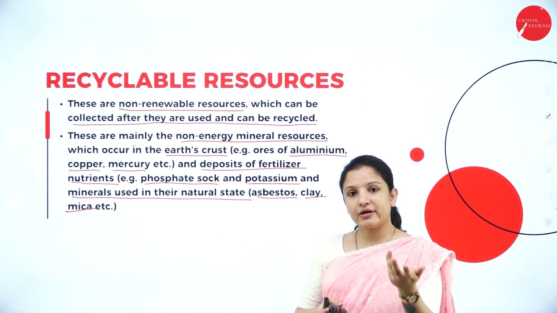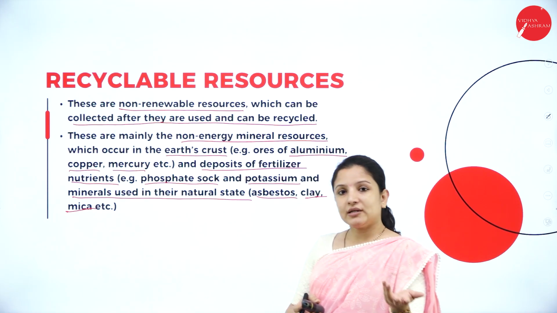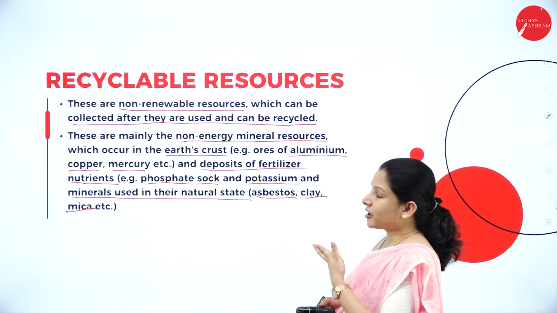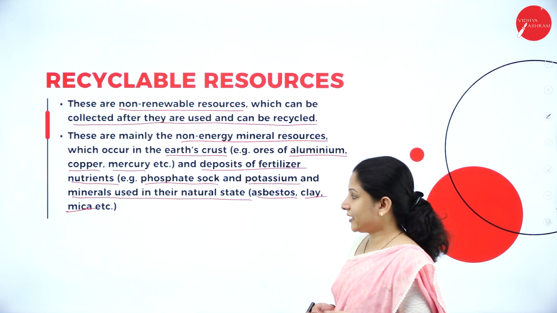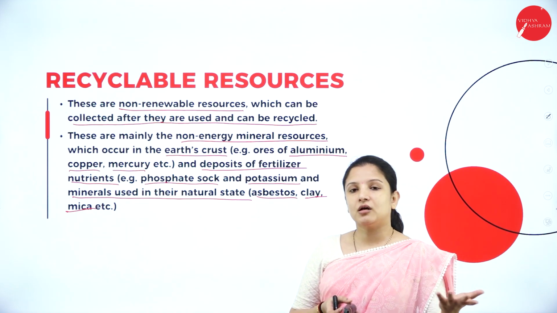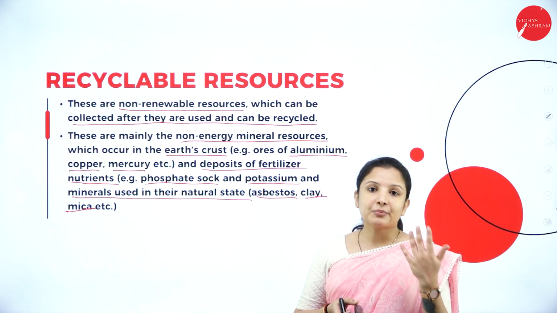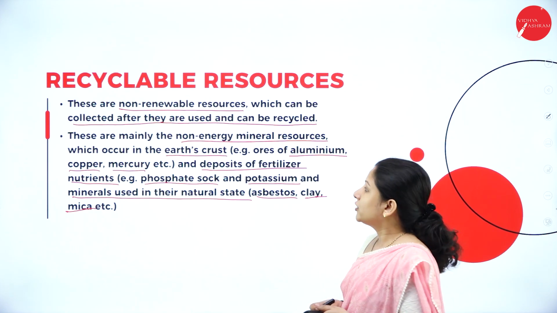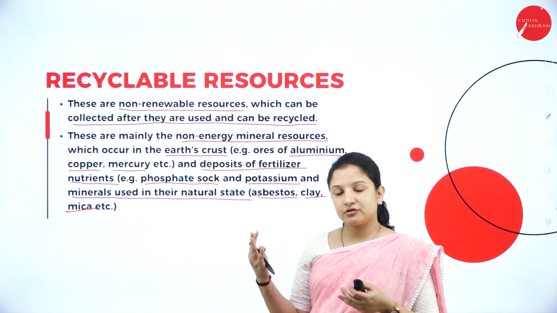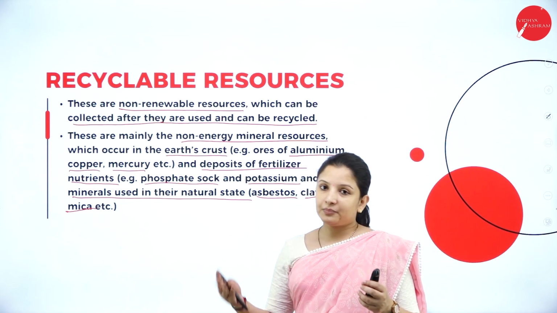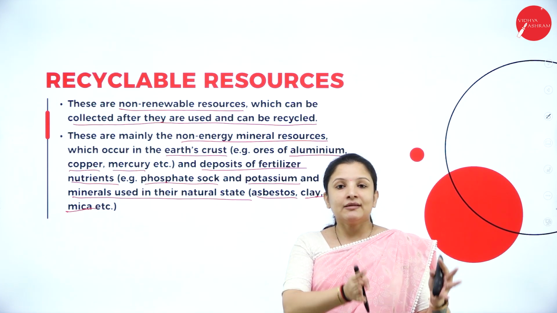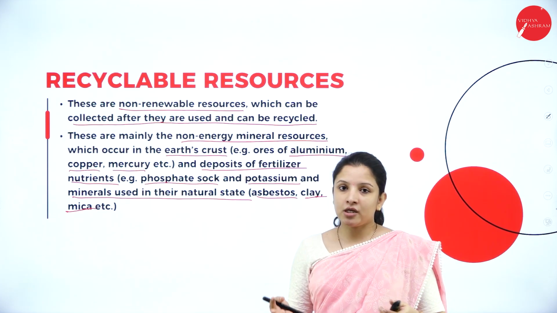Mica is also available in large quantity, but once it gets diminished, we cannot replenish it back, but it can be recycled and used again. So these phosphates, potassium, nitrogen and various minerals can be recycled and reused. These are the recyclable non-renewable resources, meaning once they are depleted, we cannot get them back, but those already used can again be recycled and reused.